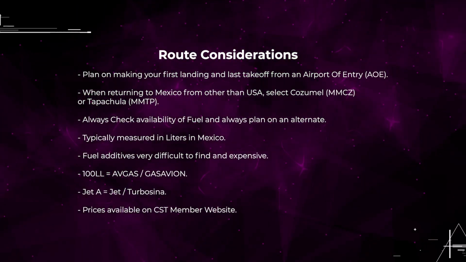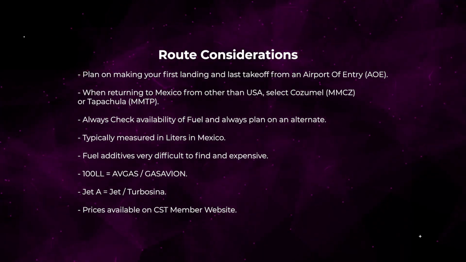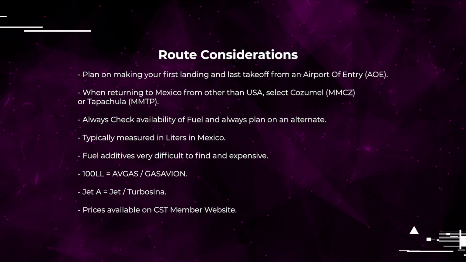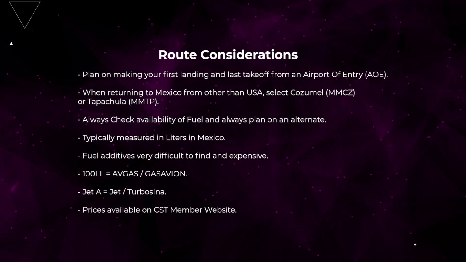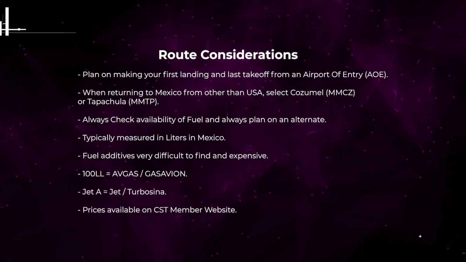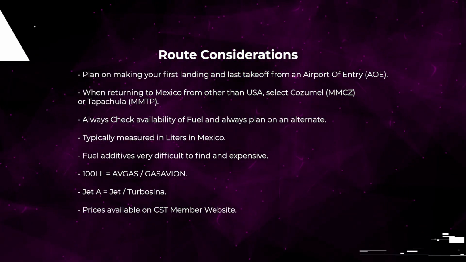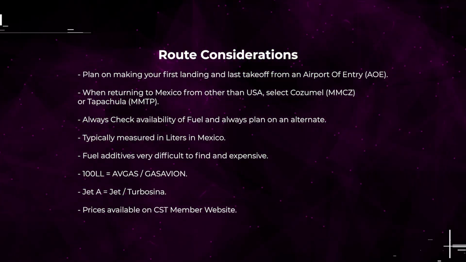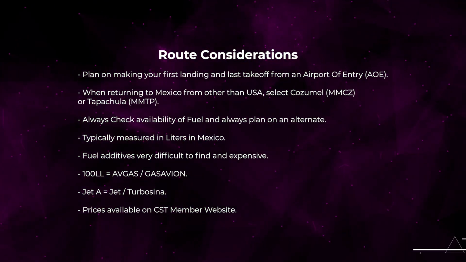Another important consideration when planning your route is fuel availability. Always plan enough fuel to fly to your intended destination and still have enough fuel to fly to another destination that has fuel. Fuel in Mexico is measured in liters, not gallons, so be prepared to convert. Any fuel additives that you may require, such as Prist, are typically either extremely difficult to find or extremely expensive when you do find them.